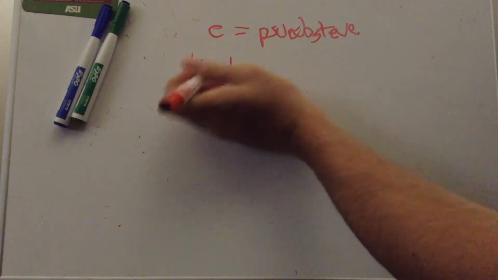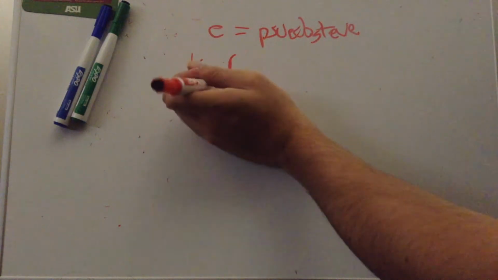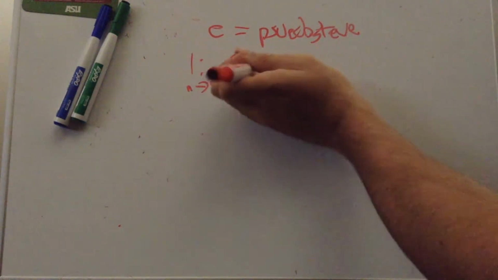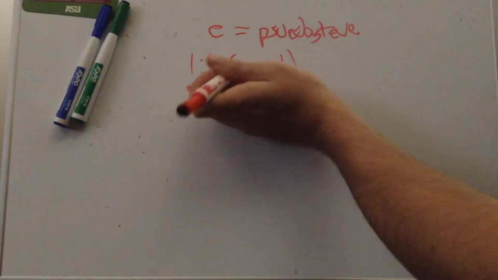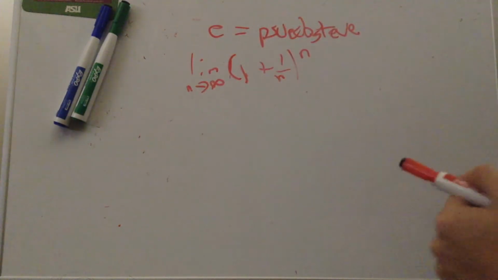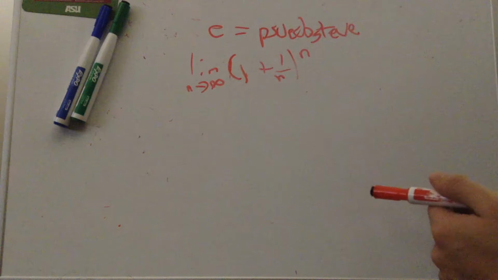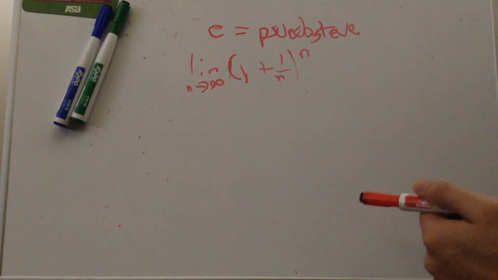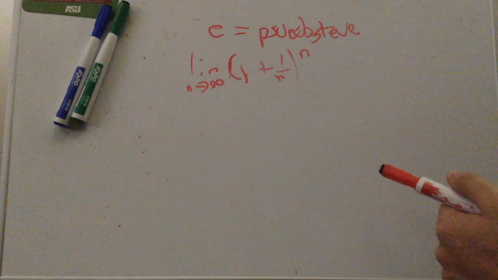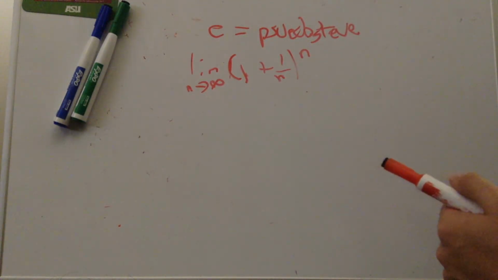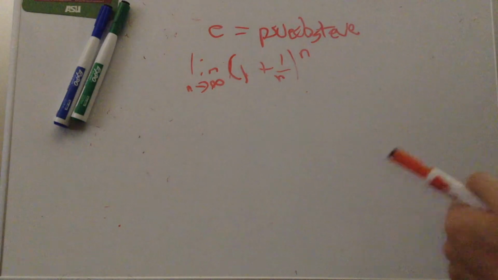This is another one you might know. Limit as n goes to infinity. Basically, n just keeps getting bigger and bigger. 1 plus 1 over n, to the n. Well, if we look at this, to be honest, this is going to go in two different directions, and so that's not really too helpful to us.